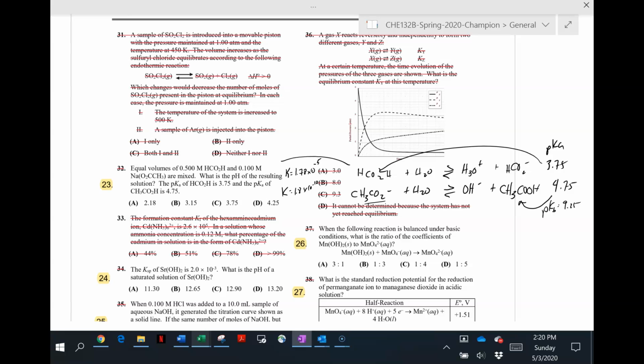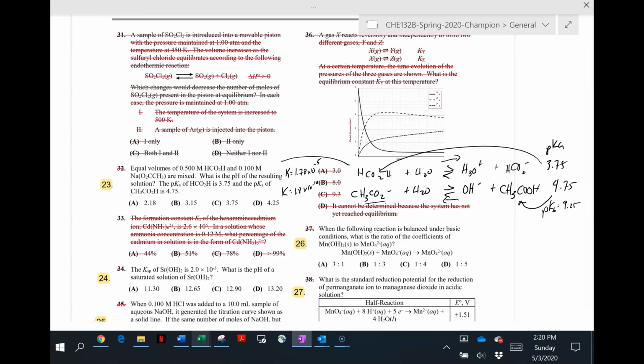If we sum these up, what we see is that the first equilibrium is much more prevalent. This goes much more this way than this one does. But again, they're both going to favor the reactants.